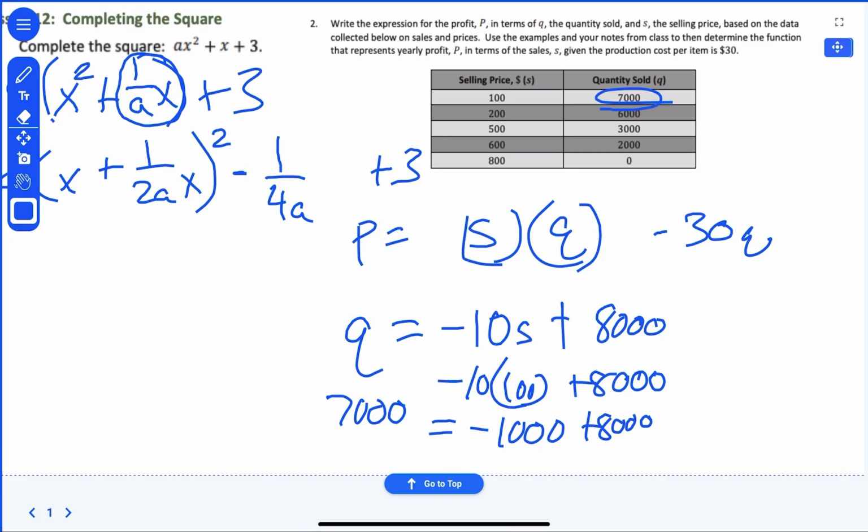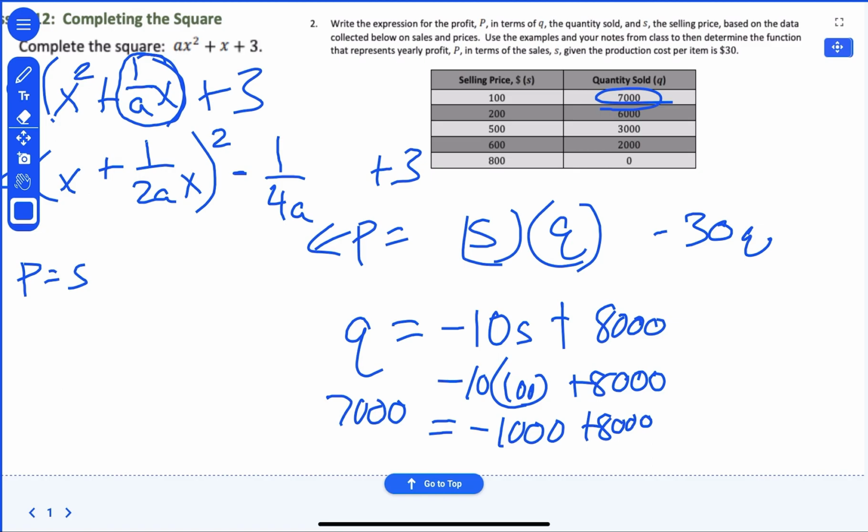Are you sure? So if that's equal to Q, now go back and let's work this out. So profit is equal to S, what are we going to plug in for S? We don't know.